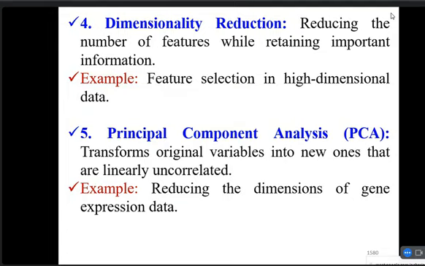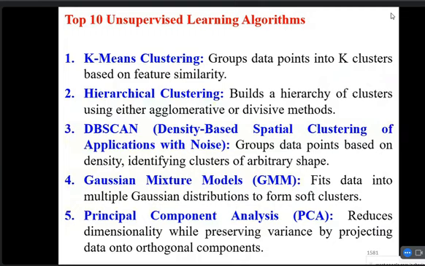Okay. So, an example is reducing the dimension of gene expression data. Then we are moving to the top 10 algorithms of unsupervised learning, like k-means clustering, where we are dividing data points into k groups of objects having similar behavior.